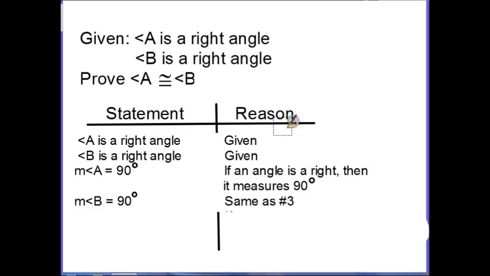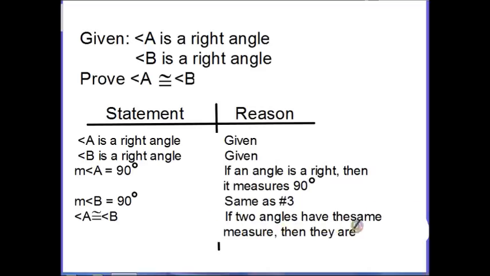Same as number 3. Anytime you have a reason that's already been stated in a prior step, you can count down to what step that is and use that as your reason. Next, we can say that angle A is congruent to angle B. Our justification is if 2 angles have the same measure, then they are congruent.